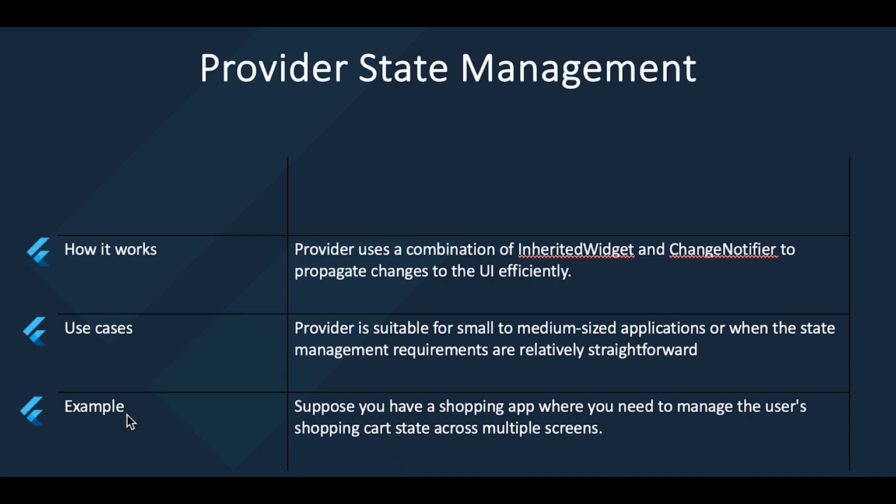Suppose you have a shopping app where you need to manage the user's shopping cart state across multiple screens. You can make use of Provider to provide the cart data to all relevant widgets and update it as items are added or removed. So that is it for Provider state management.